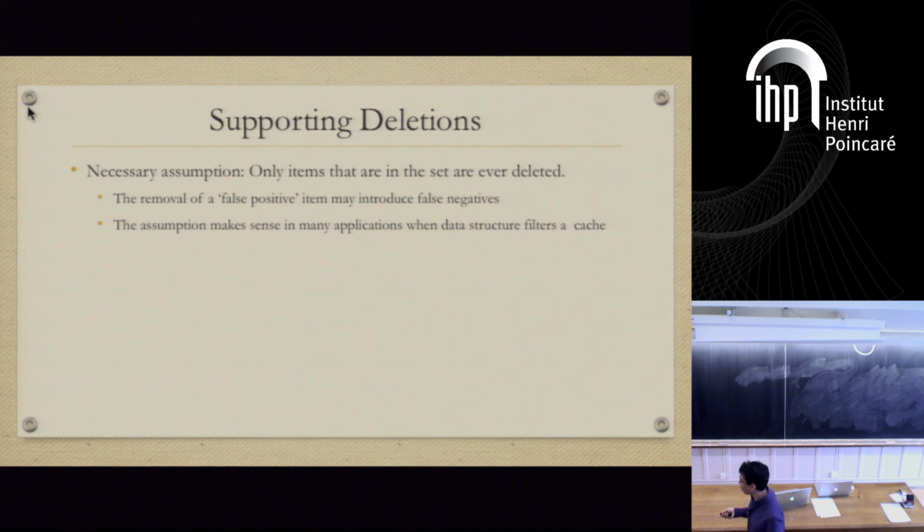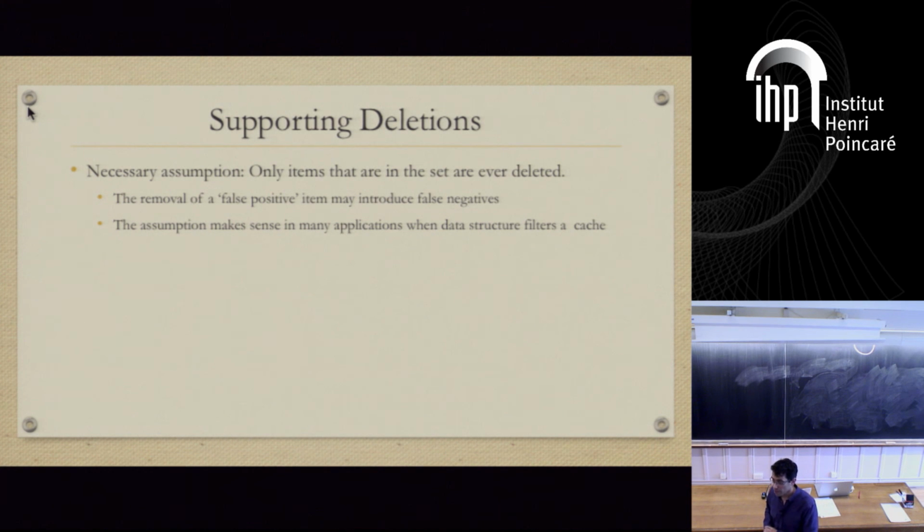When you think about the situations in which these data structures are used in practice, this is often the case. If you think of a web proxy, at some point the web proxy decides that it does not want to keep a certain page. So it could go to the filter up front and remove that page. In that case, the user of the data structure, which is the web proxy, knows that this item was indeed in the data structure because it inserted it previously.